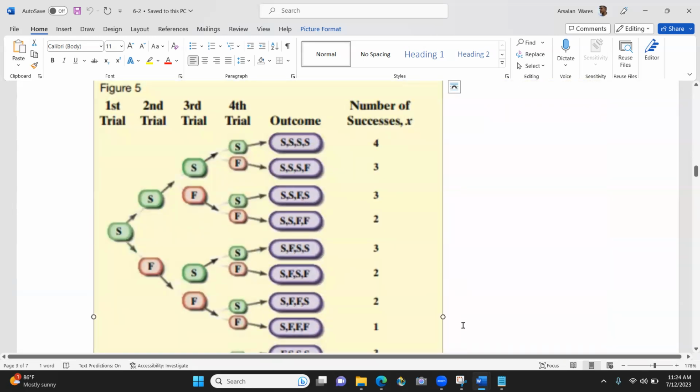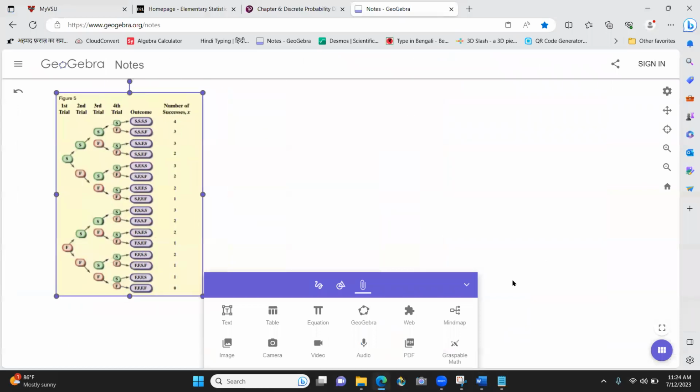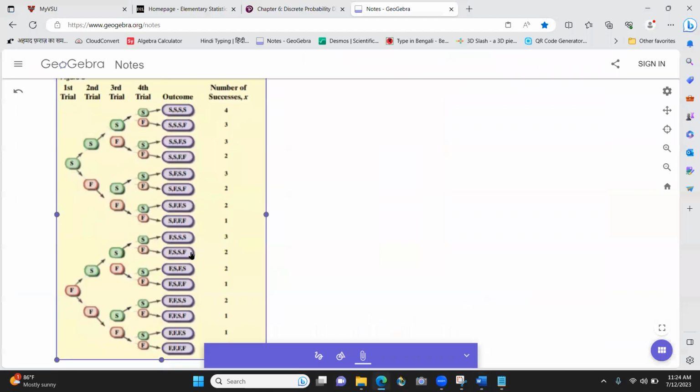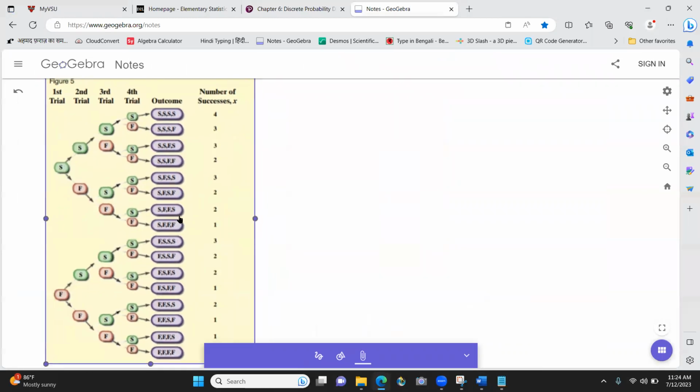Now I'm going to put this here. I don't know how well you can see. I can make it a little bigger, but not too big. The first outcome could be a success or a failure. The second outcome could be a success or a failure, and so on. It branches out like a tree and gets quickly unmanageable.